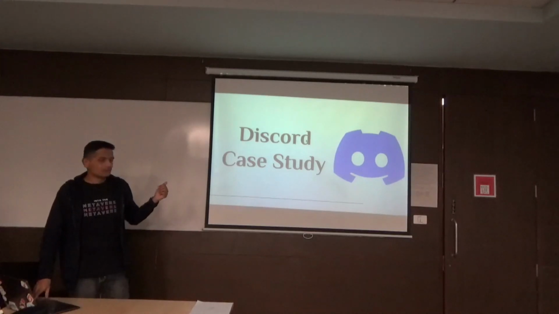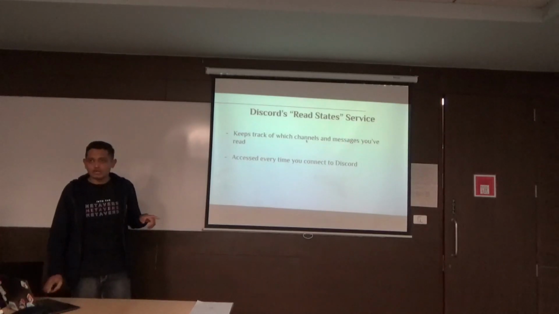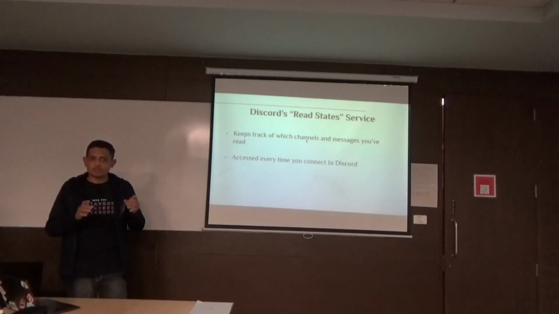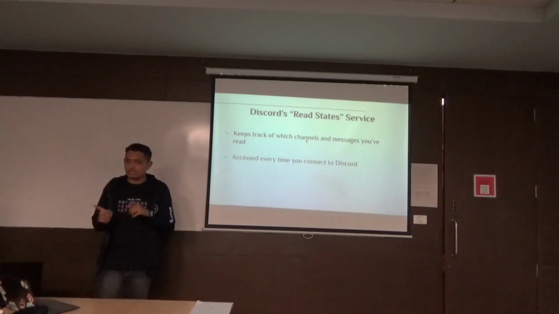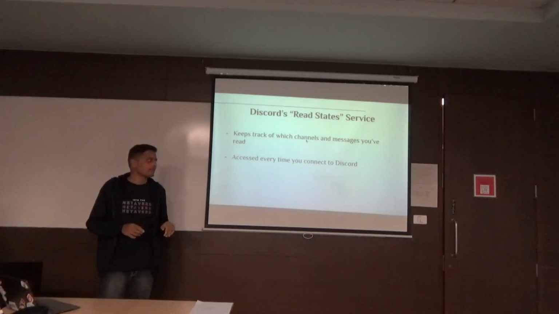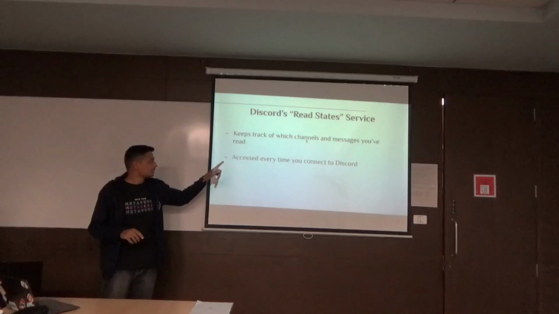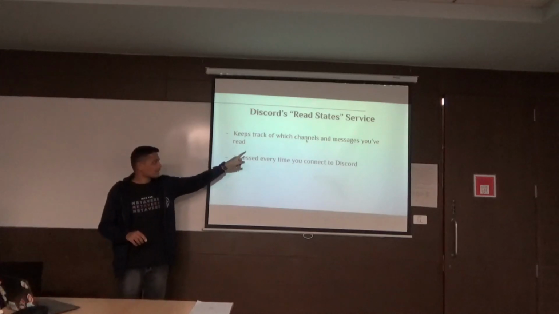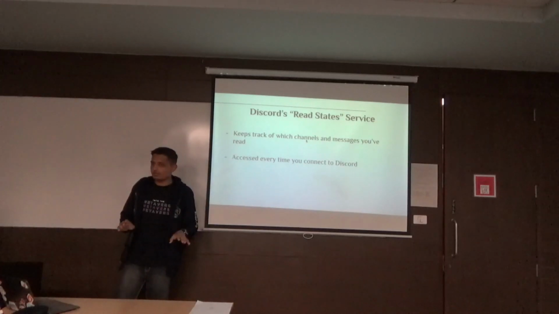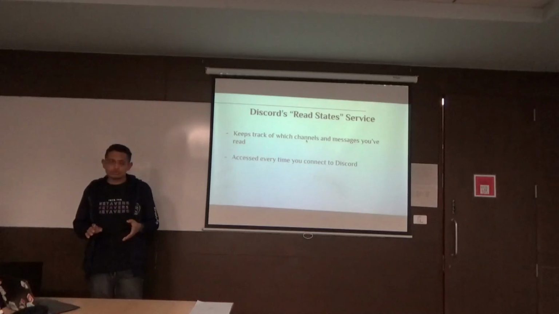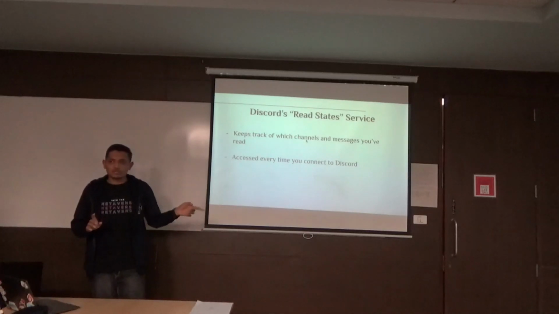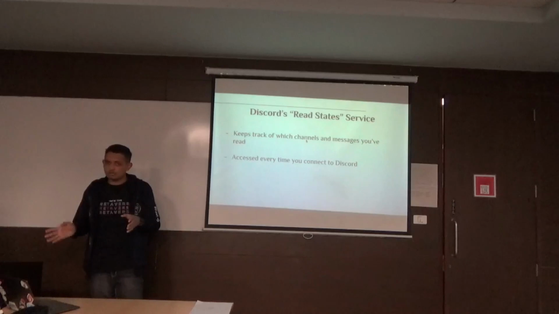So let's quickly go over the case study of Discord and why Discord had to move one of their services from Go to Rust. They rewrote one entire service. There is a read states service. It simply keeps track of what channels and messages you have read. If you use Discord, you know that it needs to keep track of what you have read and what you have not read.